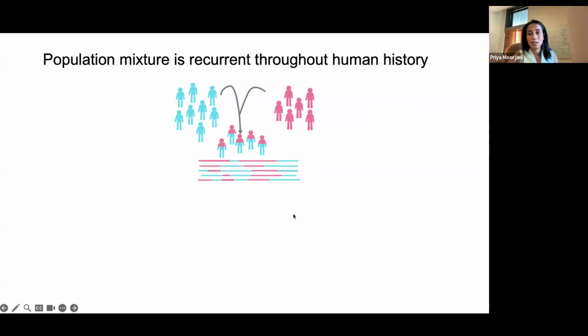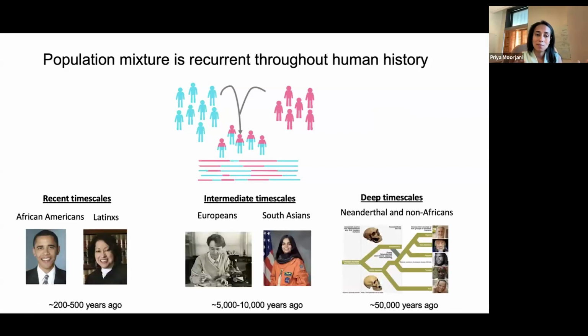common. We find evidence for this at very recent timescales when we study genomes of, say, African Americans and Latine populations, where the mixtures are very recent, in the past hundreds of years. But we also find evidence of these mixtures thousands of years ago in Europeans and South Asians. And all non-Africans have evidence of gene flow from Neanderthals.